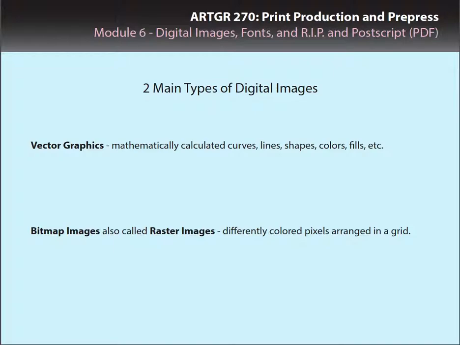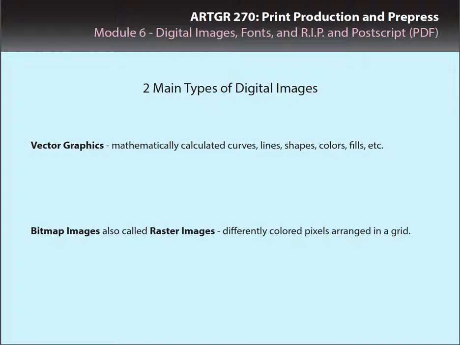The other type of graphic is the vector graphics, and for those of you that love to work with Illustrator, that's generally what you're doing with Illustrator, creating vector graphics, and with that you're using the Bezier curve tool or the pen tool to draw lines. You have a fill and a stroke and so on.